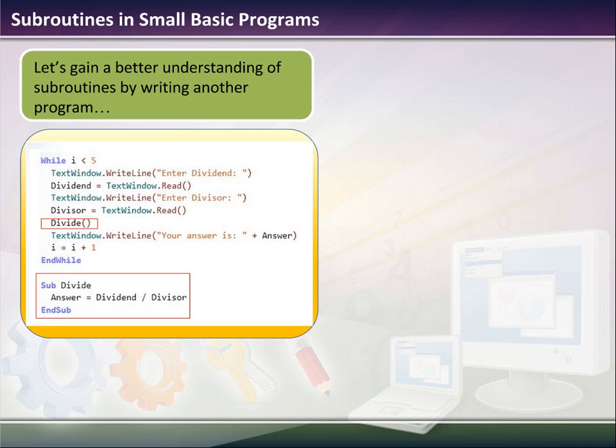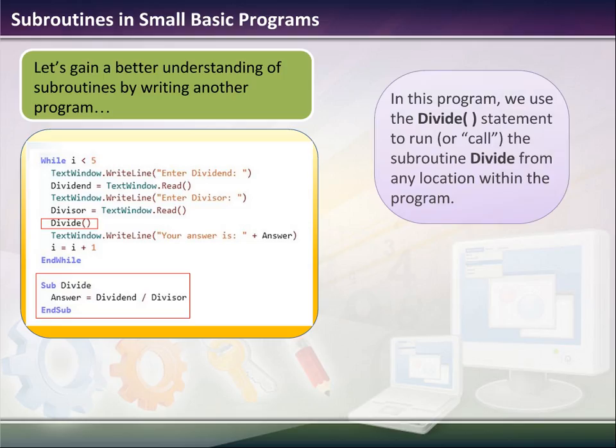So let's try to understand this in a bigger context. Here we have a program and we want to use the divide statement to run, or call, the subroutine divide, at any location within the program. Down here in this box, I've defined my subroutine as divide. What does that do?